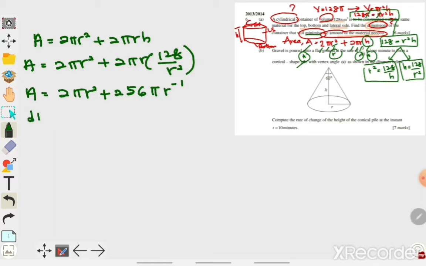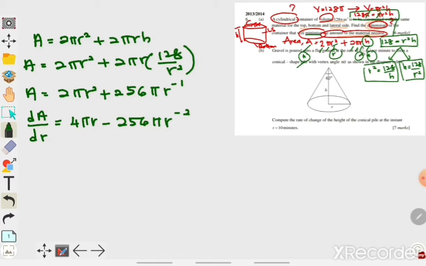So we differentiate the area with respect to r: dA/dr now equals 4 pi r, and you have a minus, because these are power rules, minus 256 pi r to the power of negative 2.